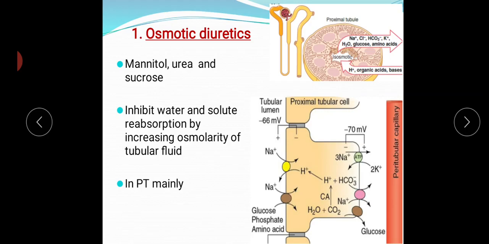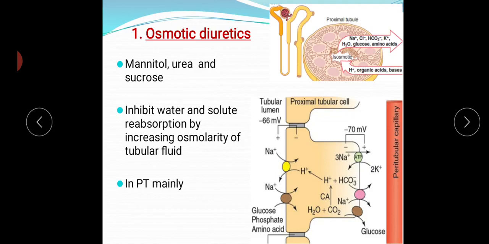Now, one example is glucose. Glucose is 100% reabsorbed from the proximal tubule. But if a person has severe diabetes mellitus, whose blood sugar is more than the threshold level, more than 200 milligram per deciliter, then that extra glucose beyond the threshold will not be reabsorbed from the proximal tubules or the nephron.